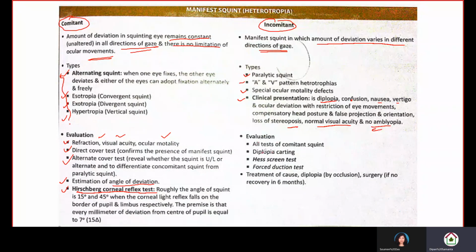So evaluation should include all the tests that are done in concomitant, and diplopia charting, Hess screen test, forced duction test. Treatment of the cause, diplopia by occlusion, and surgery if no recovery is shown in 6 months. Then we will go for surgery.